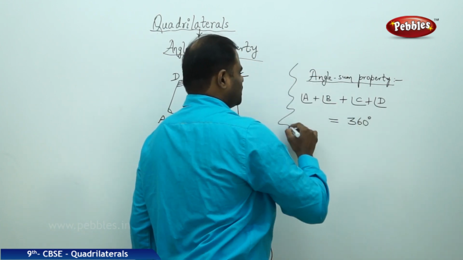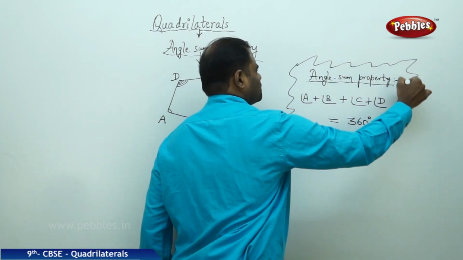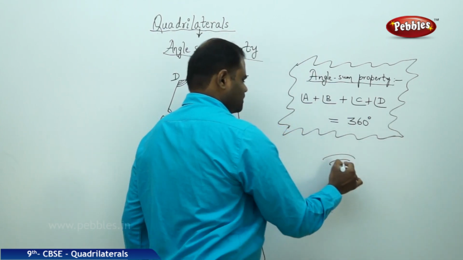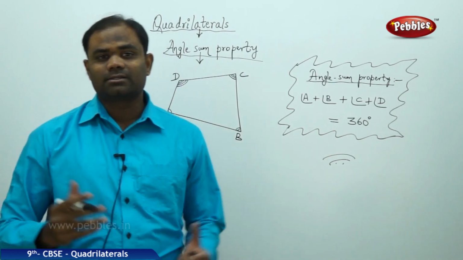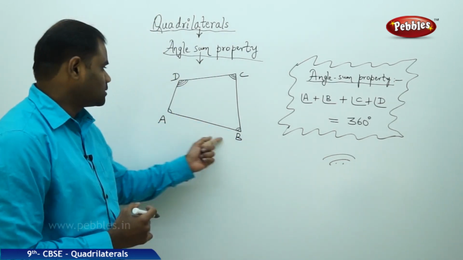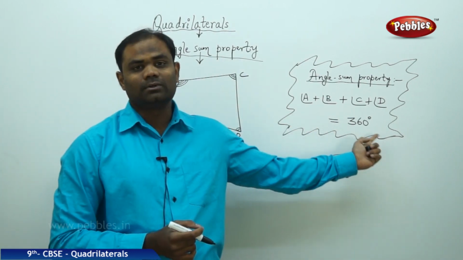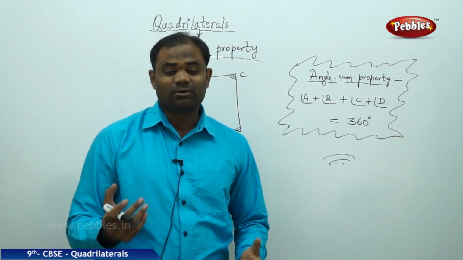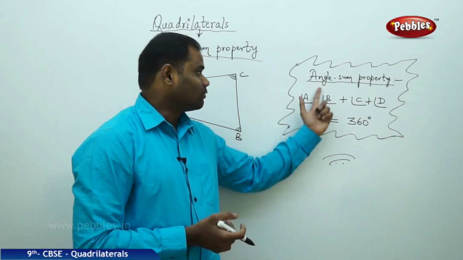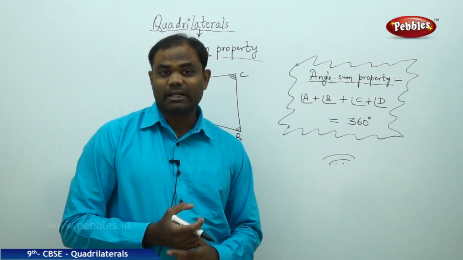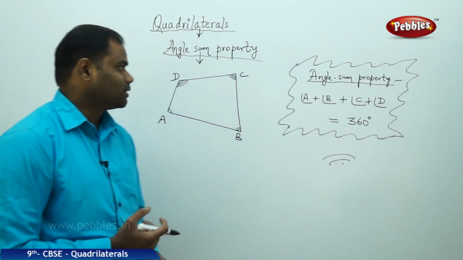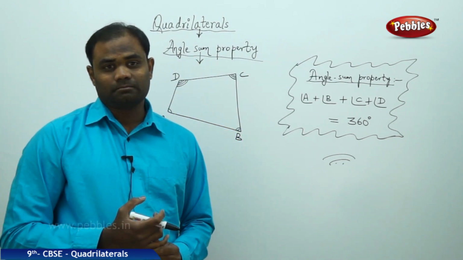That is how I define angle sum property. The sum of all the four angles in a quadrilateral must equal 360. The sum of all three angles in a triangle equals 180, and the sum of all four angles in a quadrilateral equals 360. That is how we define the angle sum property.